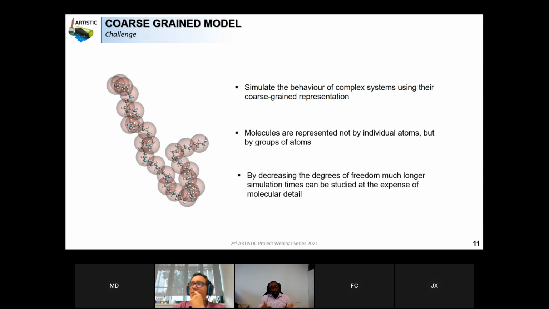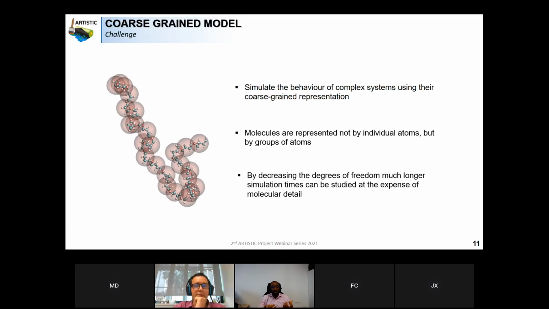And we do this by decreasing the degrees of freedom, because if we make this coarse grain, we decrease the degrees of freedom. For example, the chain of your molecule is not the real one, so you decrease the degrees of freedom of the mobility of the atoms and so on. So you will not have the detail at the atomistic scale.